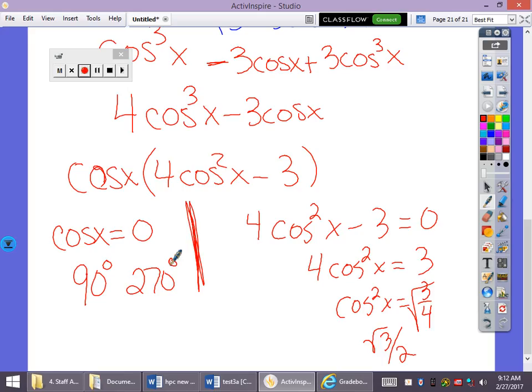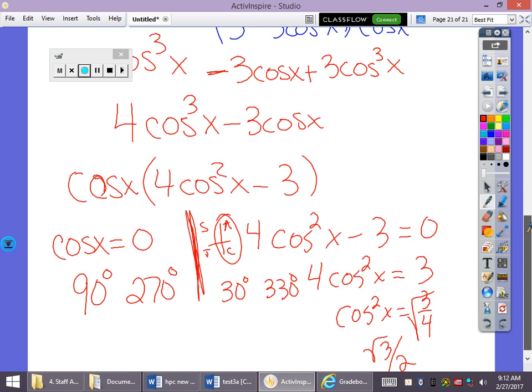Okay? All right, so cosine is root 3 over 2 where? Using the hand trick, 30 degrees. Where else? 330, because I want All Students Take Calculus. So in these two neighborhoods, the 30-degree angle here is 30. Here it is 330. Okay? Problem done.